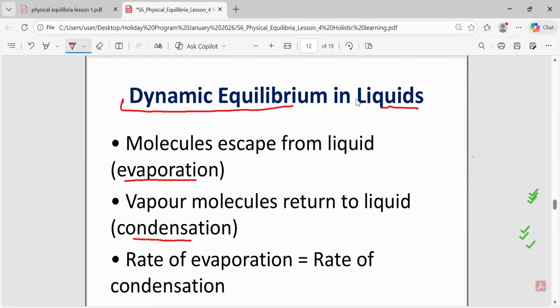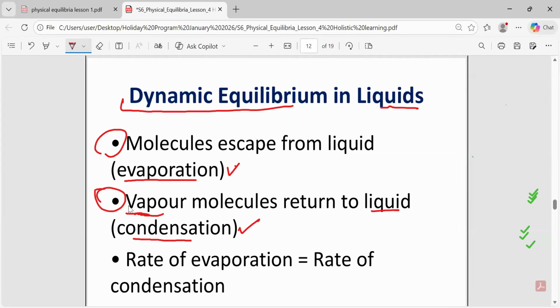The molecules escape from the liquid, and that is evaporation. Now, when evaporation takes place, the vapor molecules return back to the liquid, which we are calling condensation. So dynamic equilibria, these two processes keep on taking place.